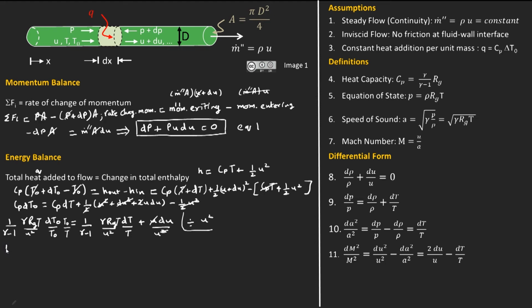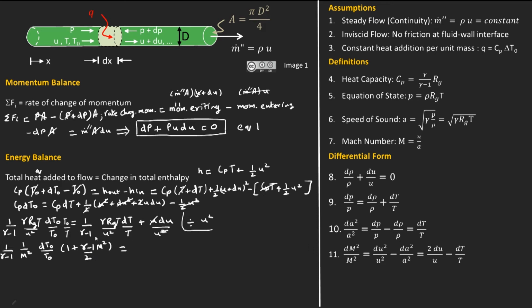I'm going to substitute here as 1 over gamma minus 1 times a squared over u squared, which was 1 over M squared, times dT naught over T naught, times this T naught over T can be substituted for using the isentropic flow relations as 1 plus gamma minus 1 over 2 times M squared.